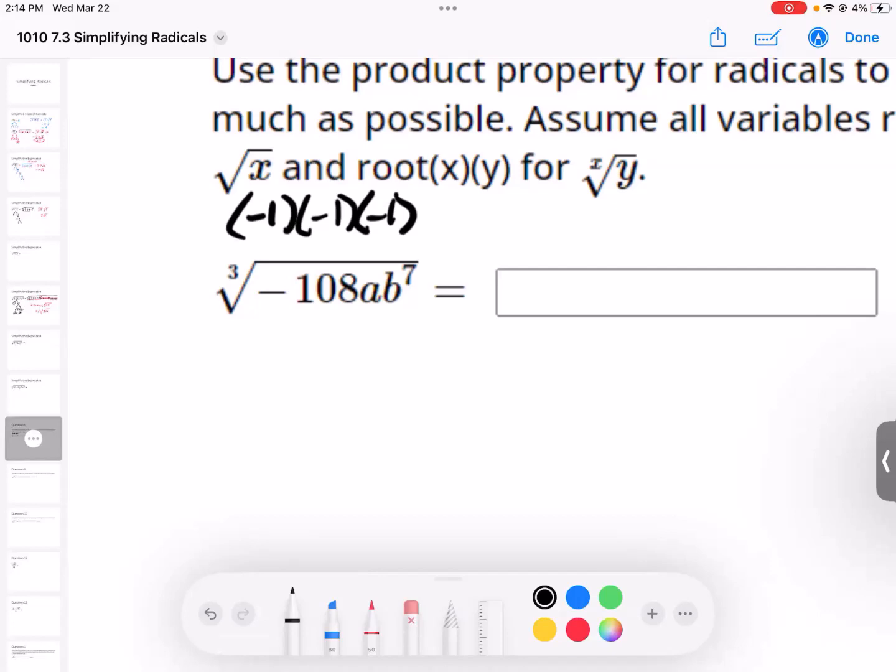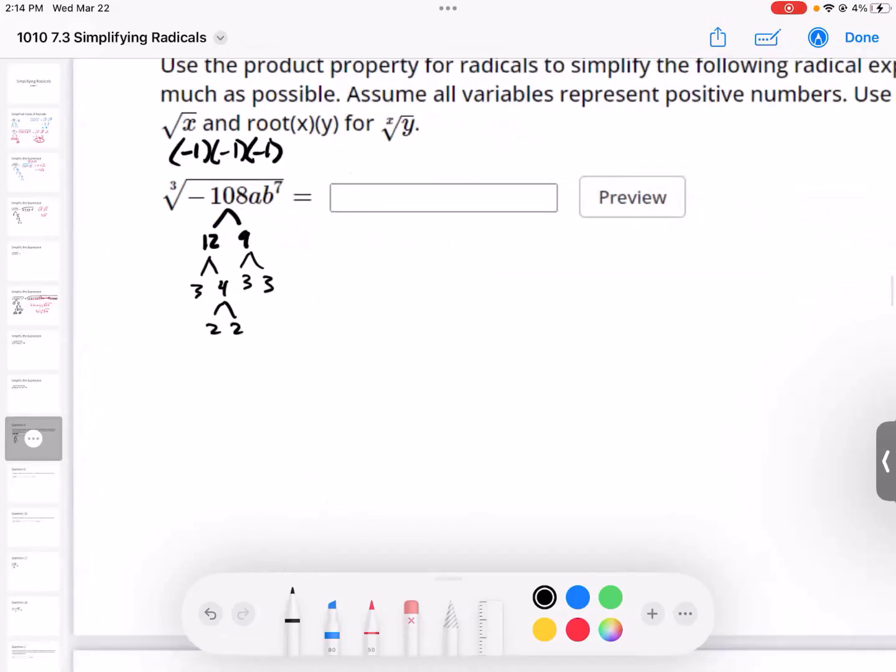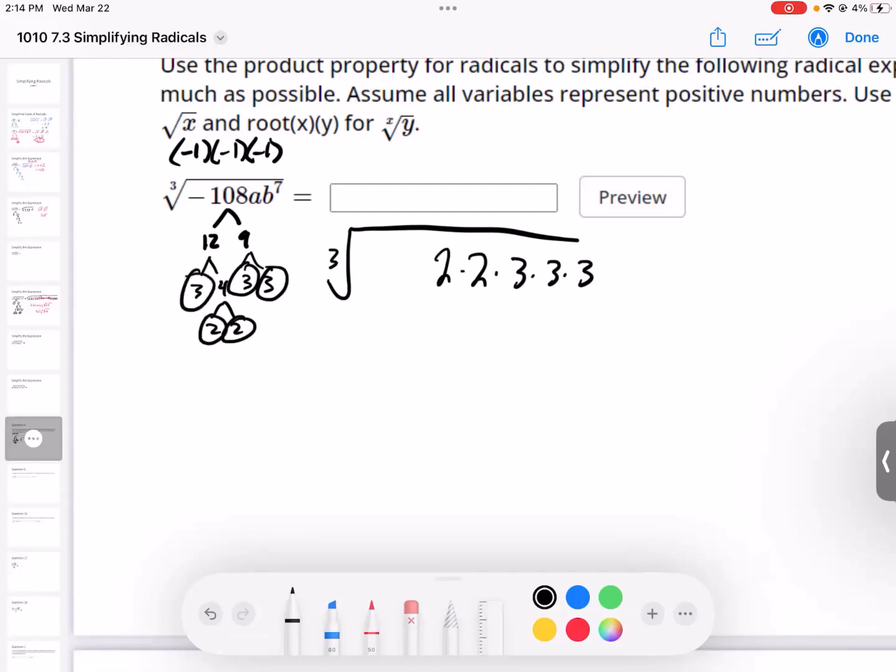And that's essentially what we're going to do here, because I'll take my number part and I'll say 108 can be factored into 12 times 9. 12 can be factored into 3 times 4, which can be factored into 2 times 2. 9 can be factored into 3 times 3. So if I wanted to rewrite this, I could rewrite it as the cube root of 2 times 2 times 3 times 3 times 3, because those were all of my prime factors that I broke the number up into.